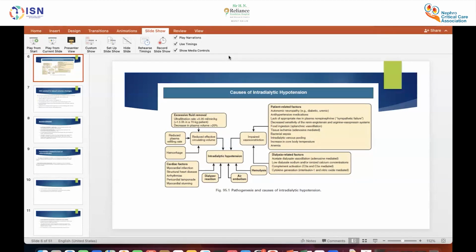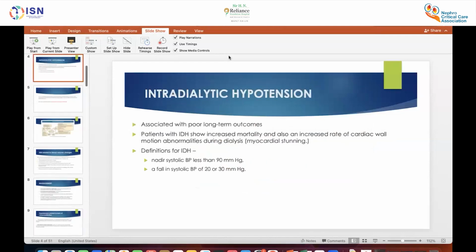That is the rationale behind giving saline rather than 25% dextrose or other fluids in hypotension. Understood? Yes, sir. Okay.